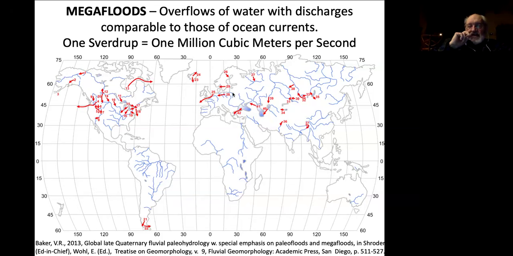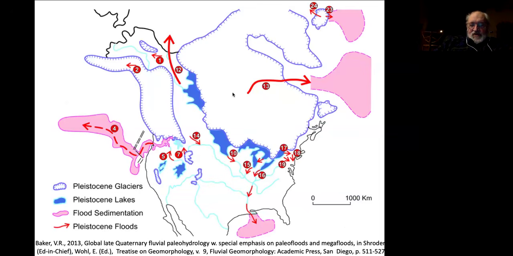This is a quantity of water moving at high velocity. The mass of the water and the velocity at which it moves gives you the energy. So I'm talking about massive amounts of water and massive amounts of energy for these events.